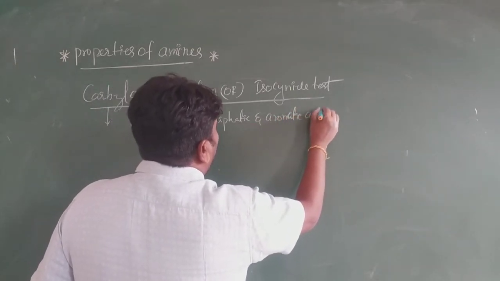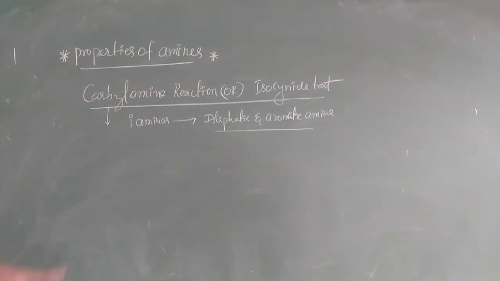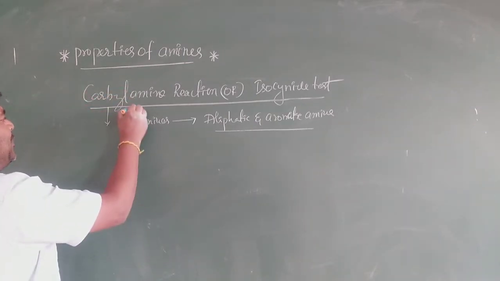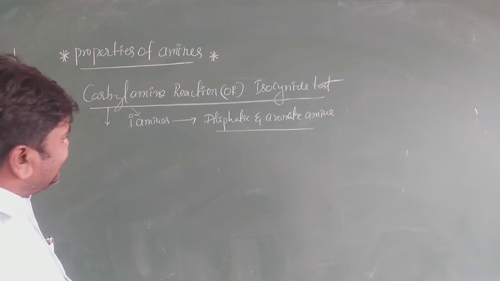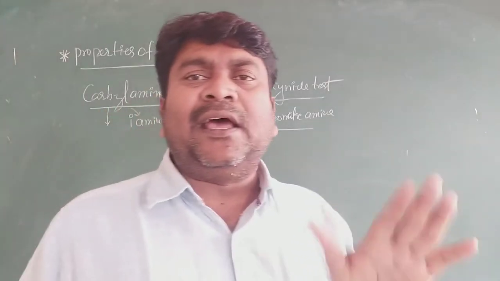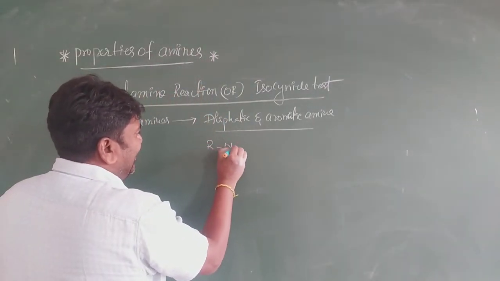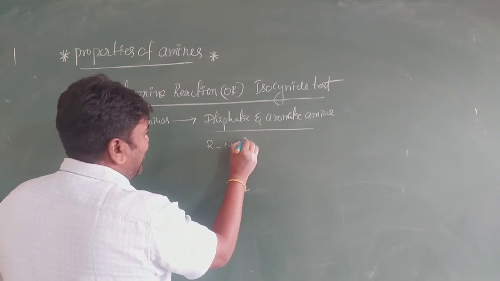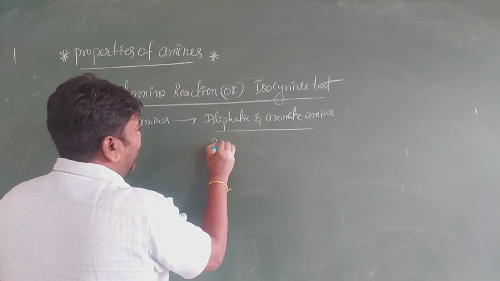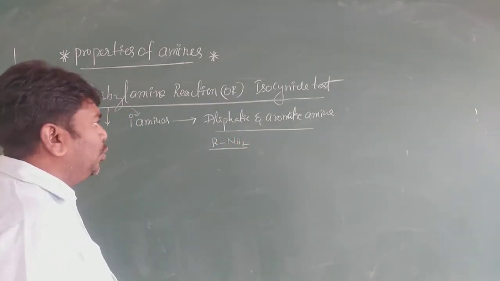It is very, very important, my dear students. The carbylamine reaction is given by which type of amines? Only primary amines. In primary amines we have aliphatic amines and aromatic amines. Aliphatic amines means R NH2, where R is an alkyl group.